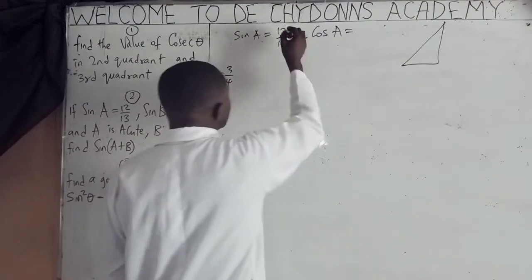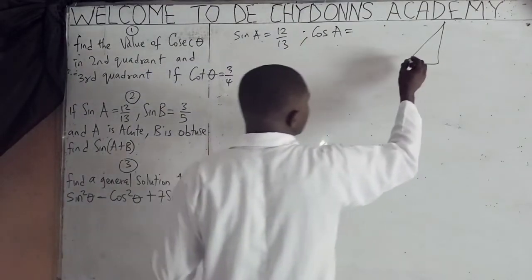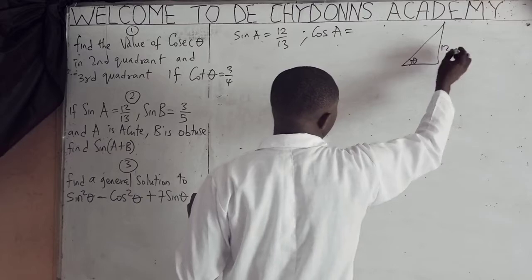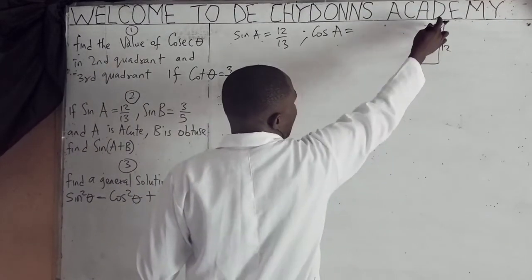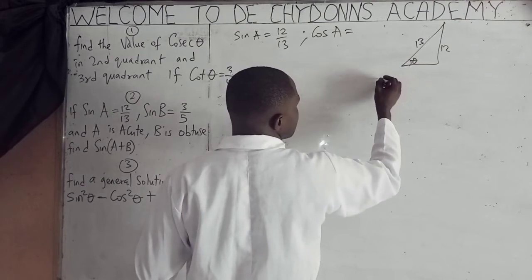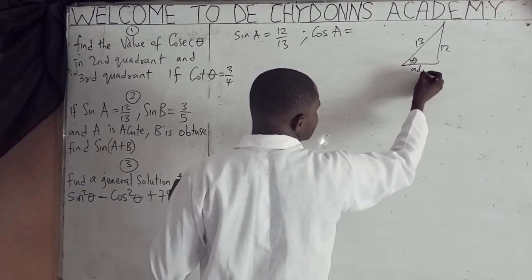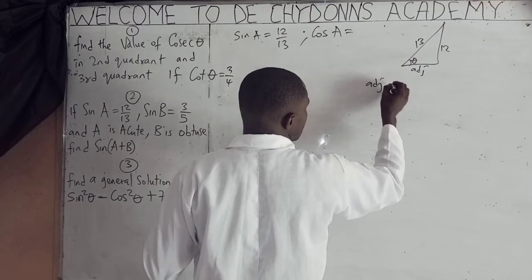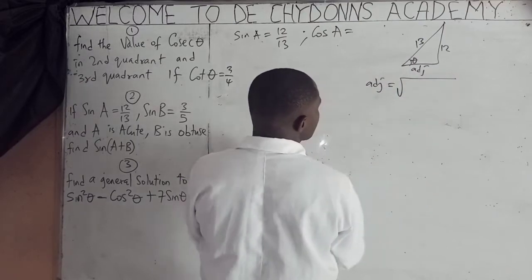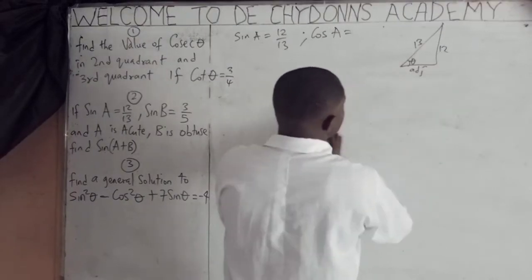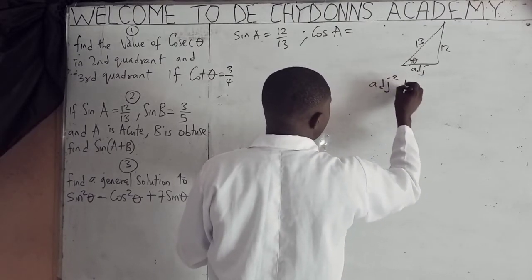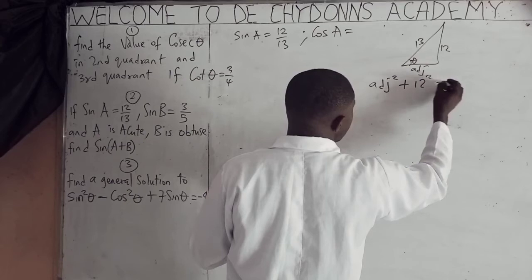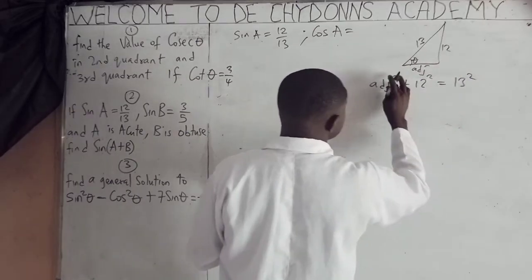Here is theta, 12 is the opposite and 13 is the hypotenuse. From Pythagoras theorem, this adjacent side squared plus 12 squared will give you 13 squared.